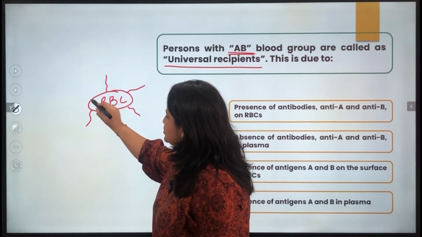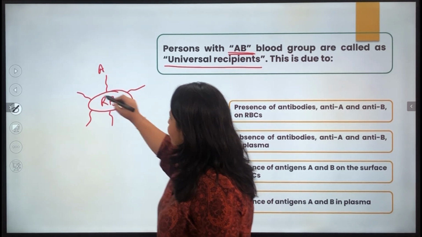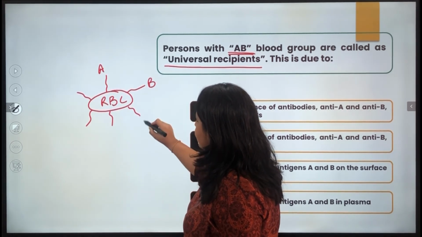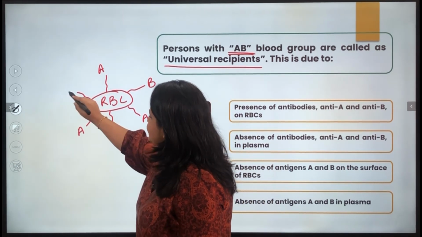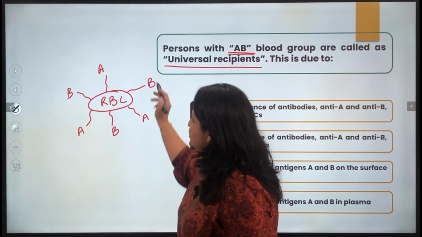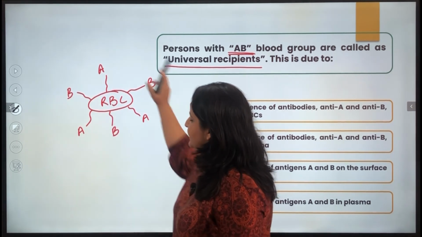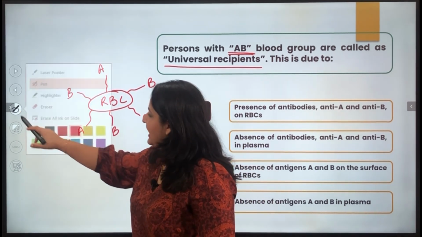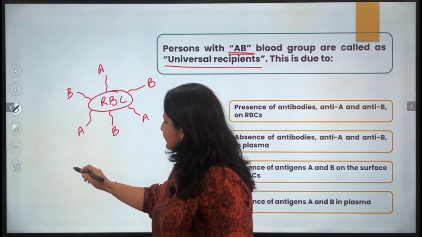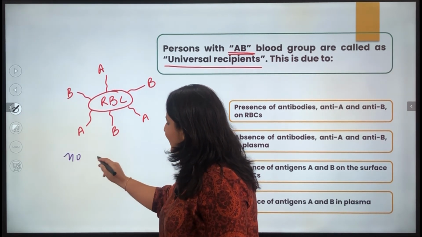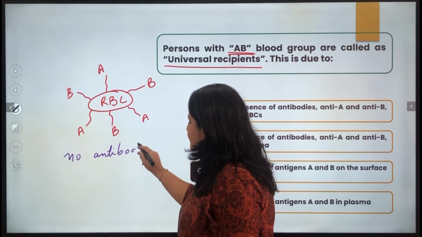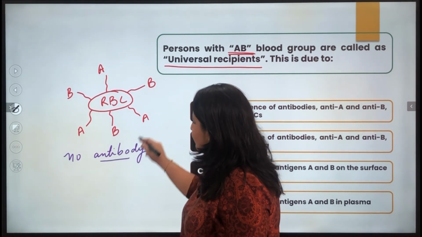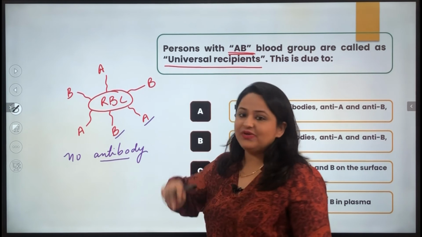That is, both the A antigen as well as the B antigen are present on their RBCs. As a result, these individuals do not have any antibody in their plasma. So they will have no antibody in their plasma. Why? Because they have both types of antigens, A as well as B.